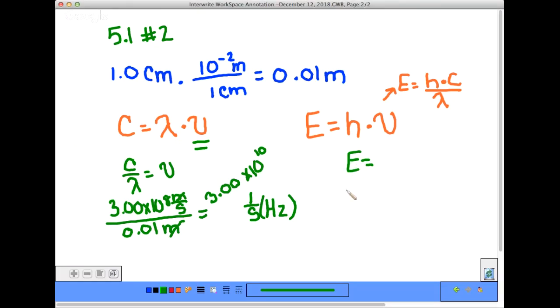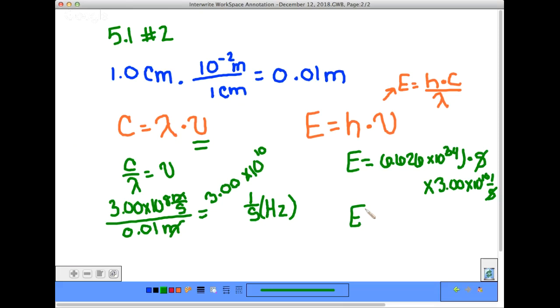Energy equals Planck's constant, 6.626 times 10 to the negative 34th joules times seconds, times our frequency, which is 3.00 times 10 to the 10th inverse seconds. You notice that your units of seconds cancel out, and so we will end up getting joules.